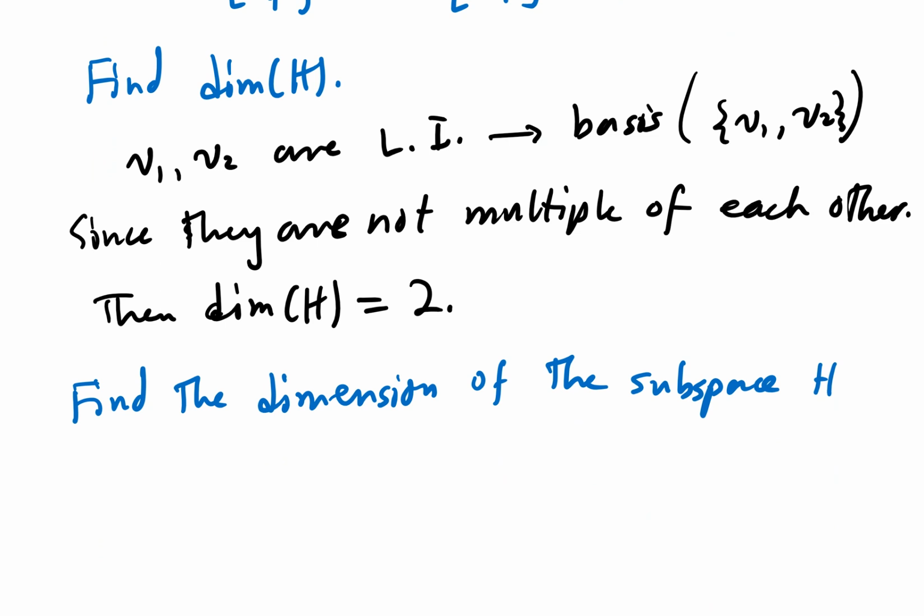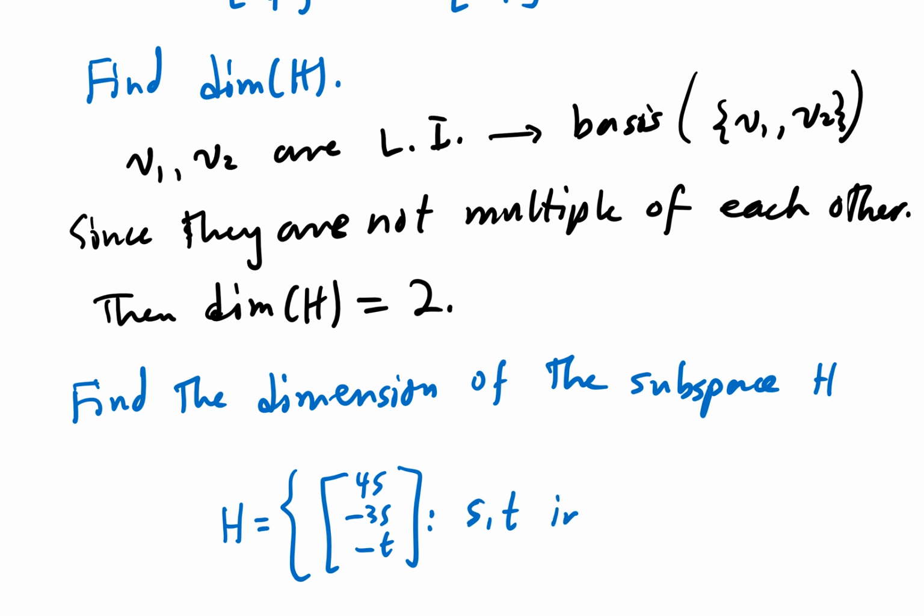So now we need to find the dimension of the subspace H, where H is 4s, -3s, -t, such that s and t are in R, which means they are real numbers.